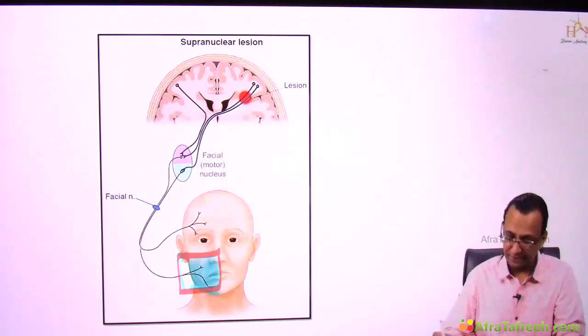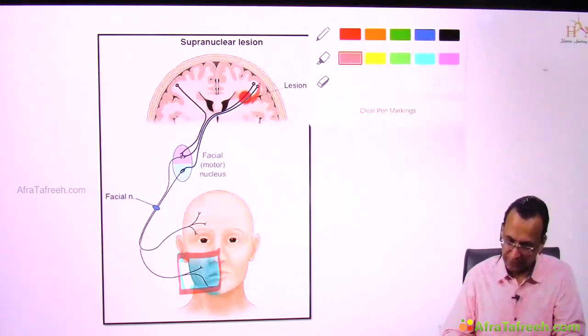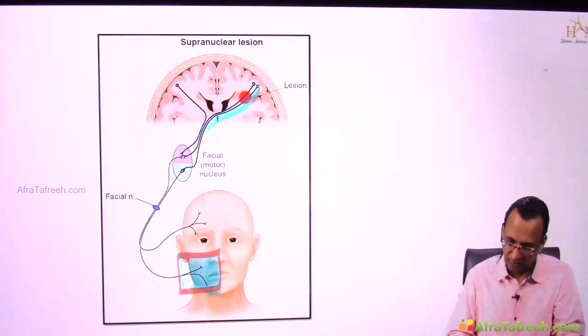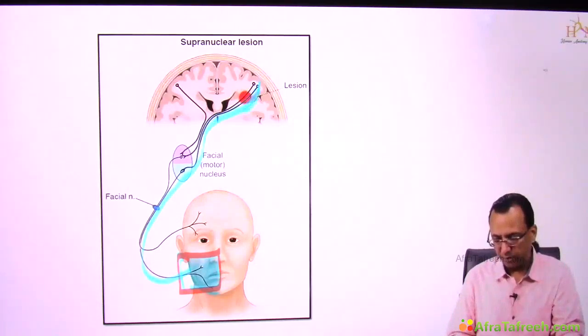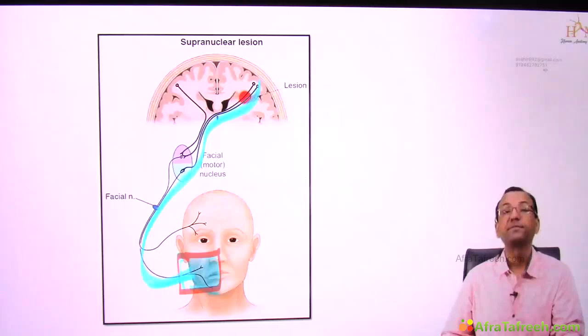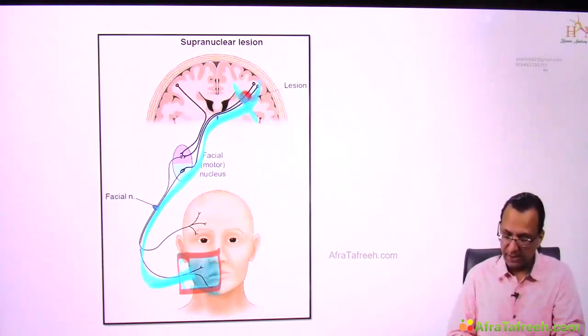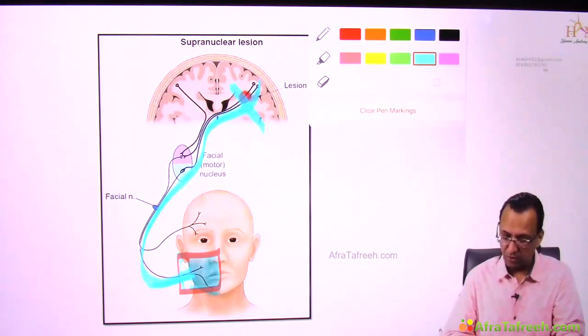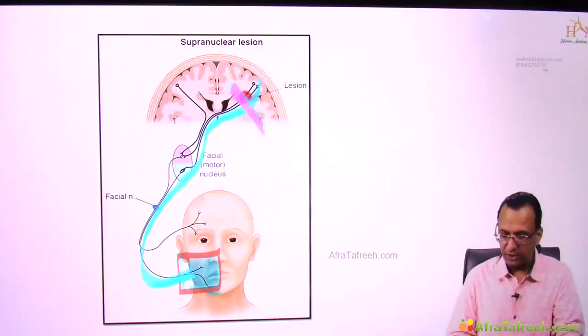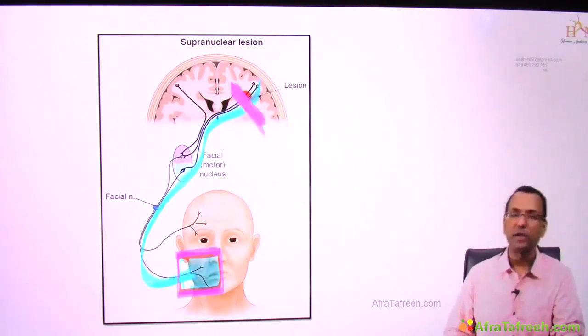Because the lower face is getting the contralateral supply only. You mean to say for the lower face there is only contralateral supply? Yes. So once there is a lesion in the genu, then of course the lower face will be compromised on the other side of the face.